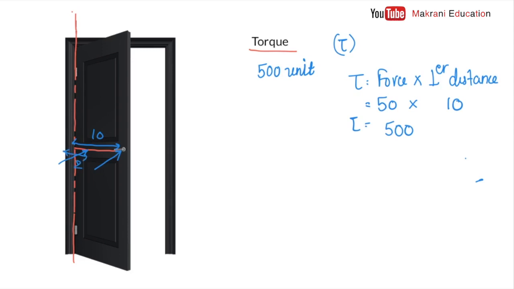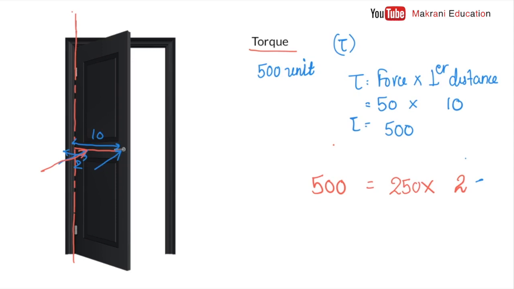So our distance for the second case is 2 unit. So to make the total torque of 500 unit, my new force which I have to apply here should be equal to 250 Newton.